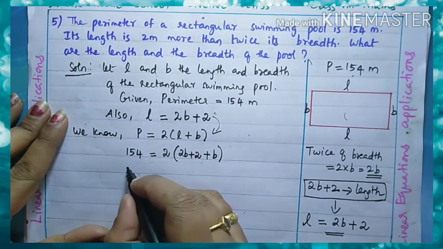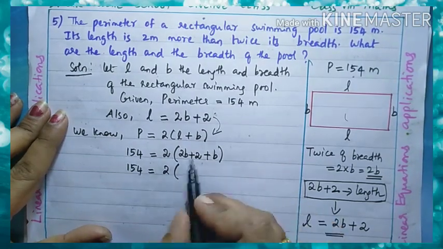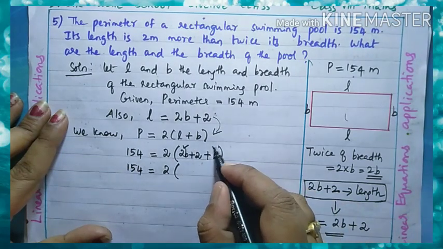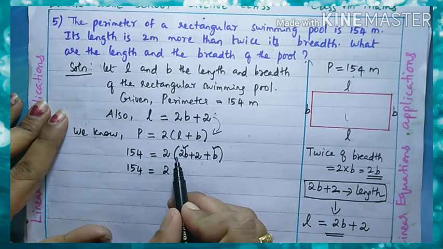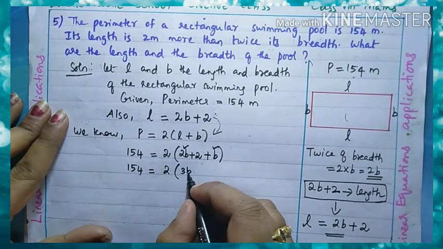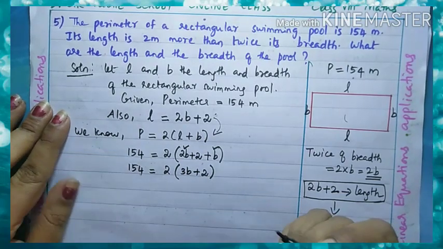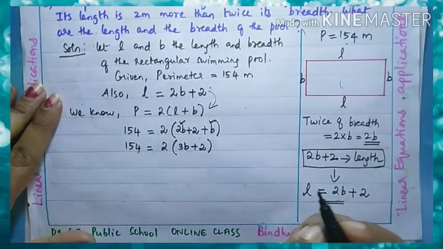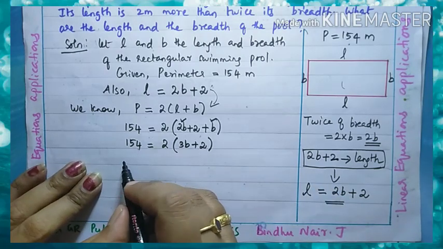Now what is the next step? 154 is equal to 2 into (...). Here 2B is a term and here is also 1B. They are like terms, the same variable. When you add 2b plus b, together we get 3b, then the remaining 2. Now the equation became simpler.